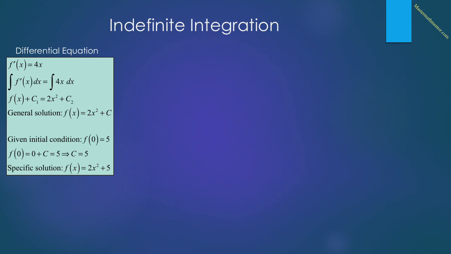Solving differential equations is complicated, and you will actually take courses in college just on solving differential equations. But in this course, we will solve some basic ones, as we will see in the examples.